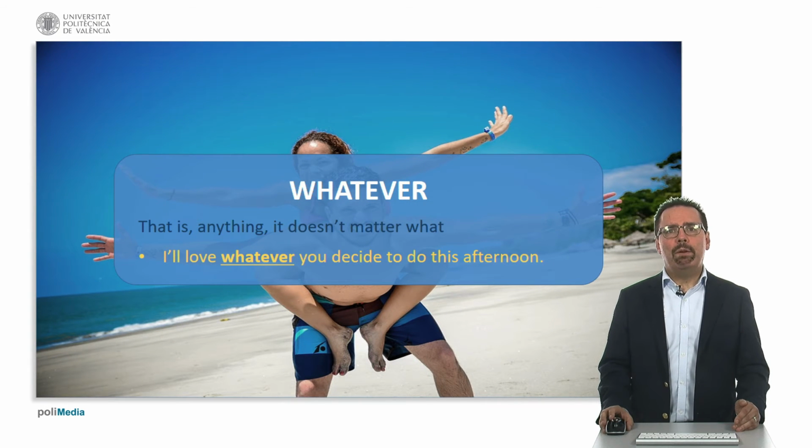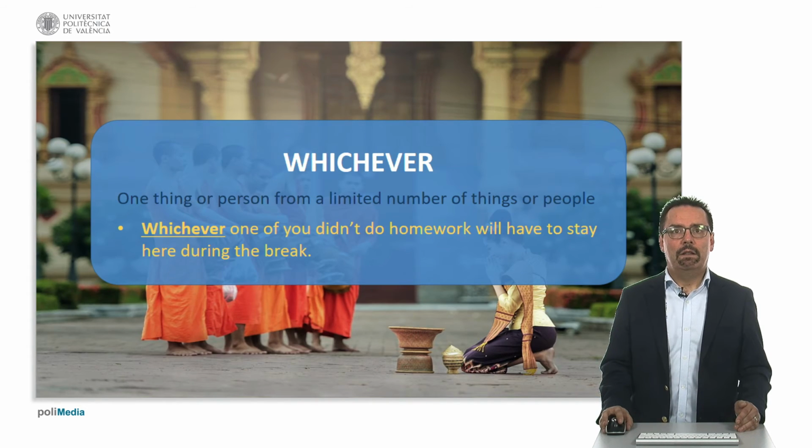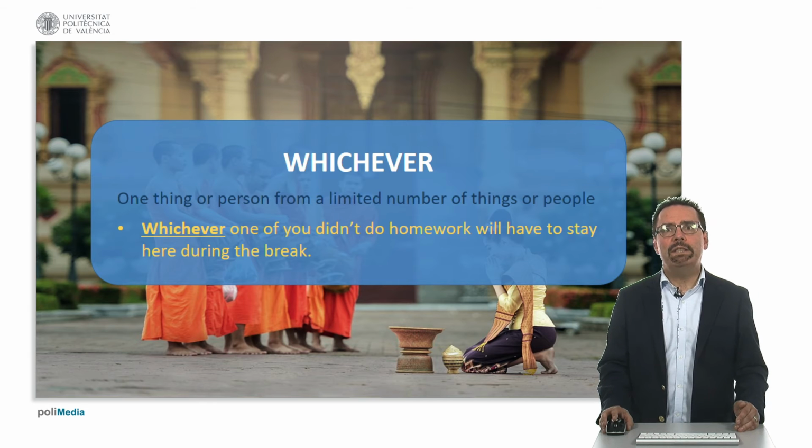We have also some other connecting words for relative clauses, for example, whatever. It means anything, it doesn't matter what we refer to. I love whatever you decide to do this afternoon. Whichever is similar, it refers to one thing or person from a limited number of things or people.